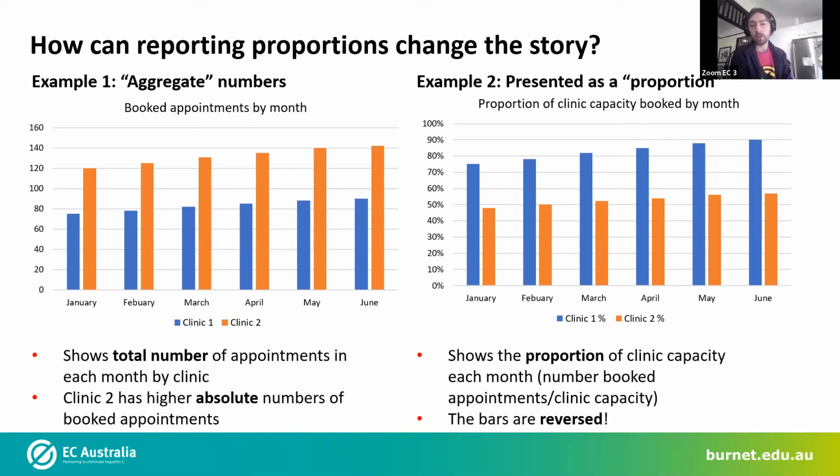If clinic 1 has a far lower capacity, then as a proportion of its overall capacity, it's much closer to being booked out than clinic 2. Just by adding in that denominator and taking into account the actual capacity of clinics, you're telling 2 entirely different stories with the data, which is a really important thing to bear in mind in data visualization.